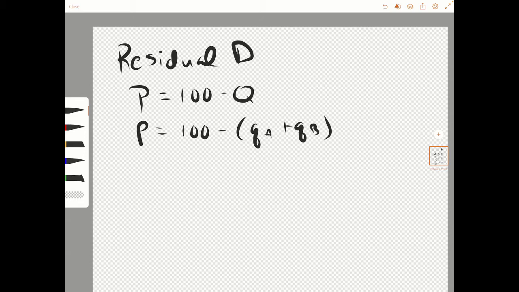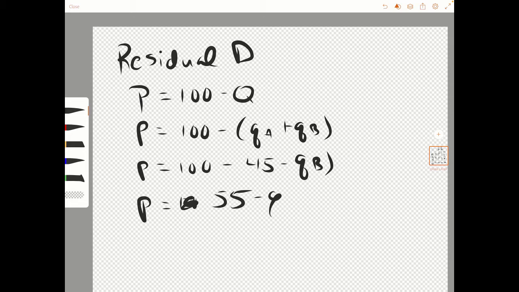Now if QA is equal to 45, as we just found out, then what we have is, and I've distributed the negative sign here, we have a residual demand function for firm B, for Boeing, that looks like this.